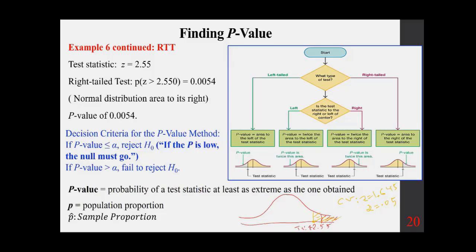Finally, we don't want to mix up the p-value. Let's look at the very bottom. P-value is the probability of a test statistic at least as extreme as the one obtained. In other words, p-value versus p itself, which is a population proportion, and p hat, the sample proportion. So we really don't want to mix them up.